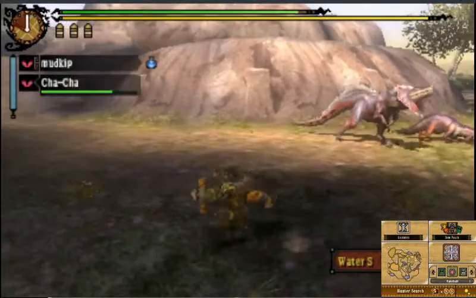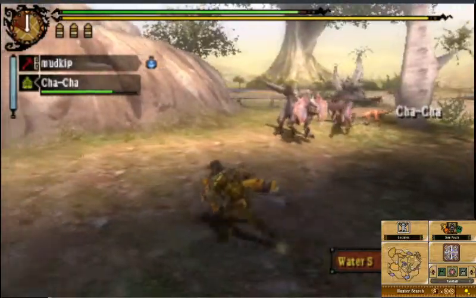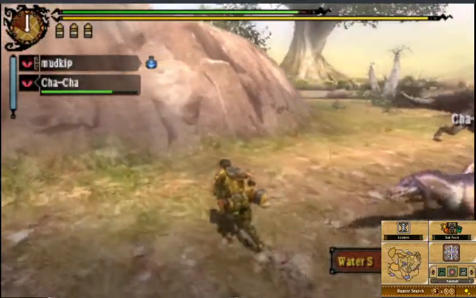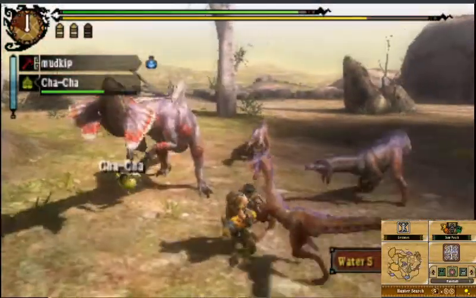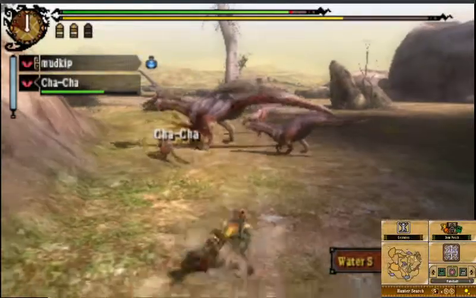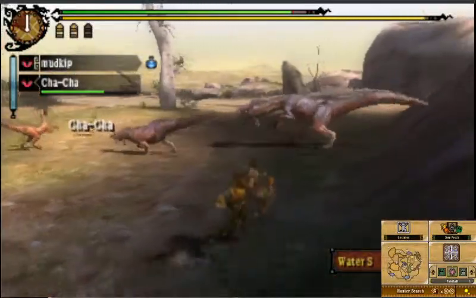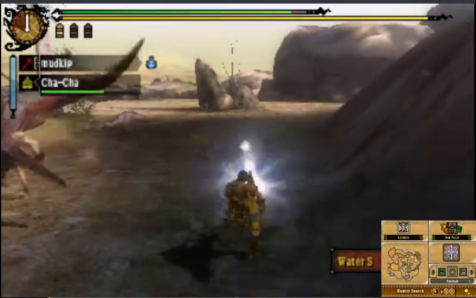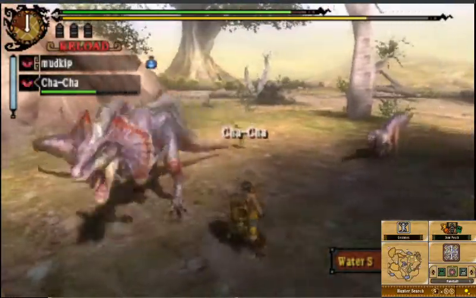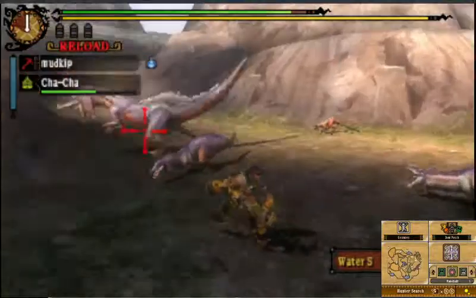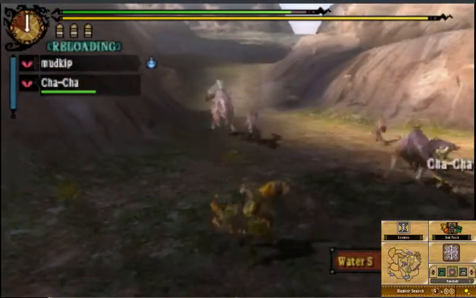Okay, the most valuable tip that you'll probably get from this video is tap left trigger while pushing your stick exactly forward so that you will be facing the monster dead ahead.